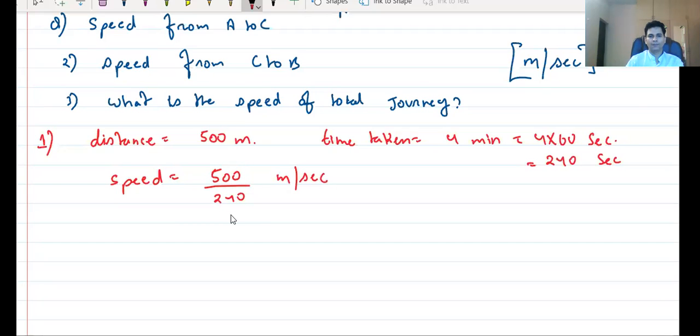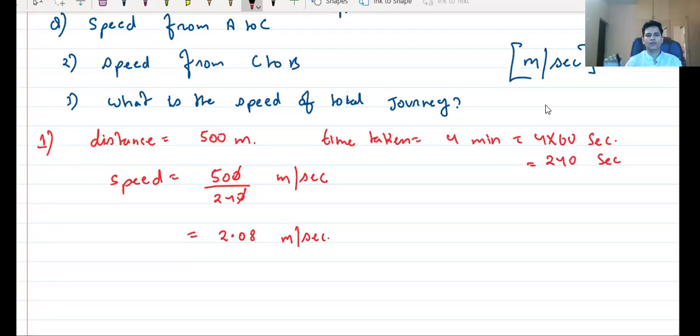Just 50 by 24, which is almost equal to 2.08 meter per second.